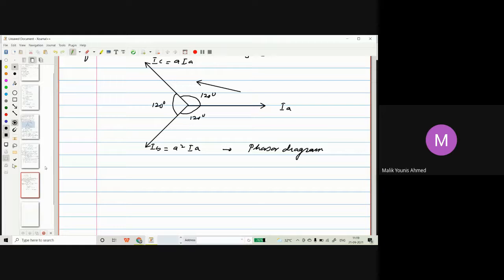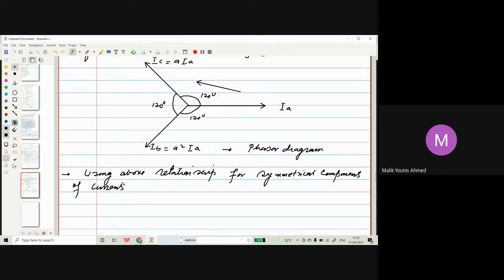Using the relationship for symmetrical components of currents, we can write I naught is, basically, what?